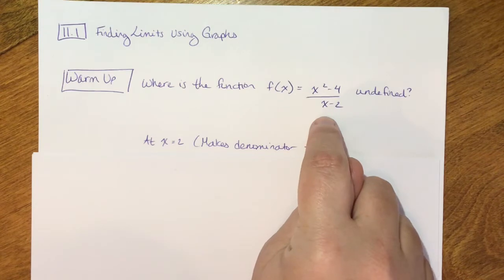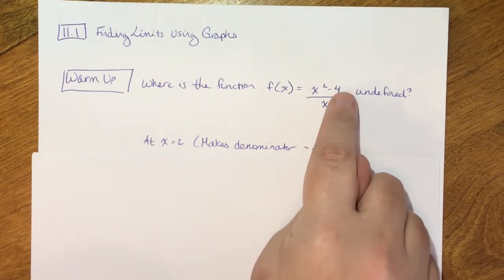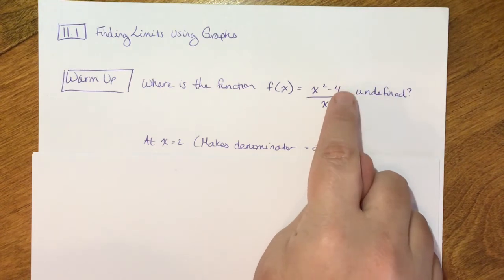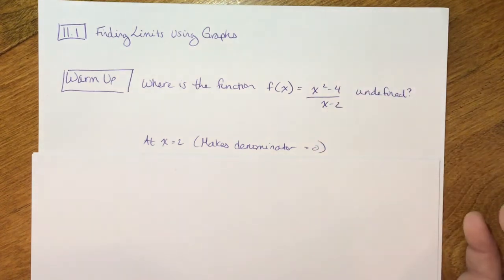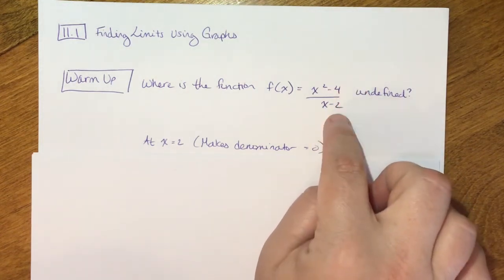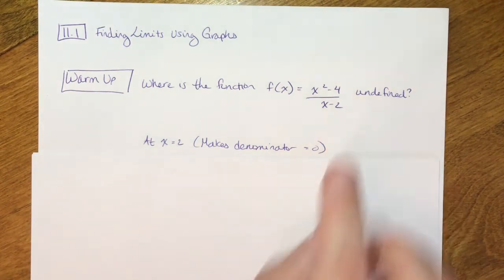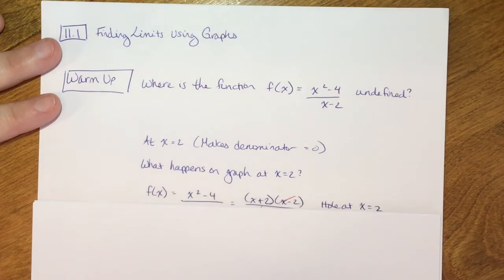The denominator's already factored. I'm going to look to see if this factor x minus 2 cancels a factor in the numerator. If it cancels a factor in the numerator, then it's removable discontinuity, which looked like a hole. Good. And if it is only on the bottom, not on the top, then it is non-removable discontinuity, which means it's a vertical asymptote. So let's see what happens to the graph at x equals 2.